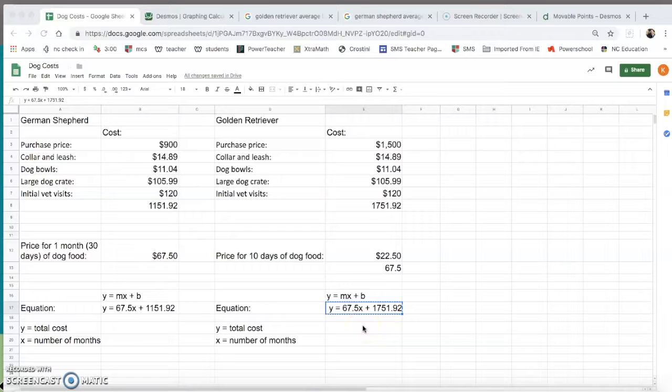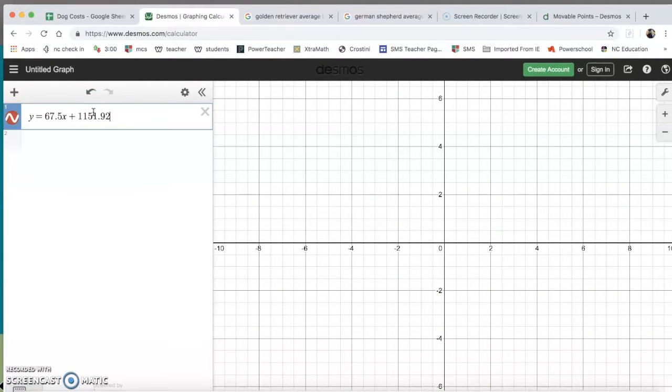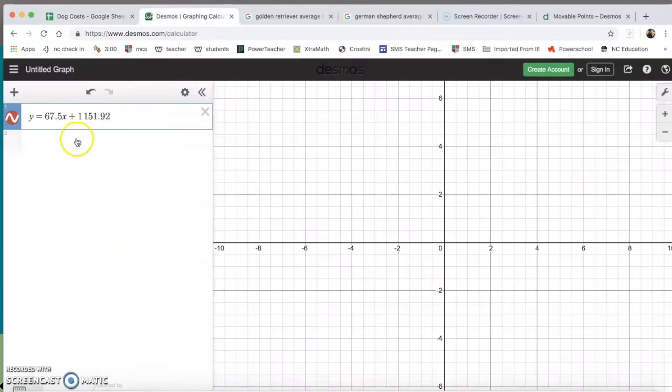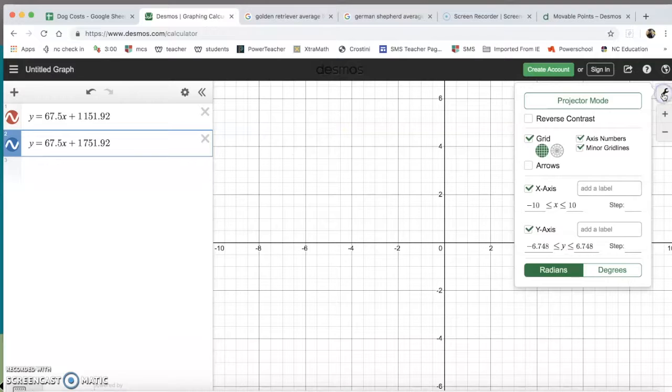Now I'm going to take these equations and place them into Desmos to create a graph. So I just moved over the German Shepherd equation. Now I'm going to take the Golden Retriever equation and put that second. And then I'm going to go over to the tools over here, and I'm going to add a label for the x-axis.